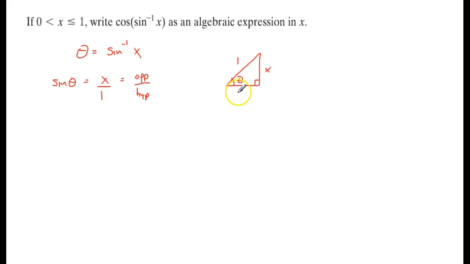I need this because it's the adjacent side, which is needed for cosine. So I do the Pythagorean Theorem. 1 squared minus x squared equals, call it b squared. Take the square root of both sides. The square root of 1 minus x squared is b. Like a squared plus b squared equals c squared. So b is the square root of 1 minus x squared.